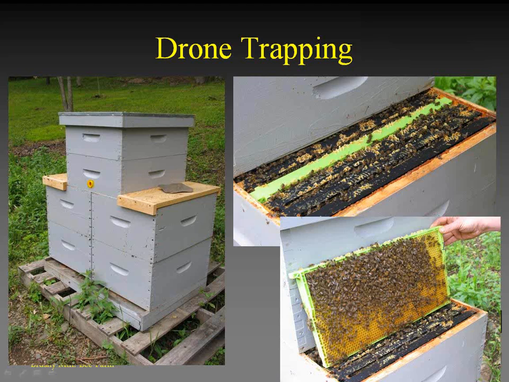What's the best way to introduce a screen bottom board for new colonies? On a nice, warm, sunny day, which seem to be few and far between this year, but we're bound to get one sooner or later, go to your hive, take off your brood chambers, put down your screen bottom board, and restack your brood chambers. That's pretty much it.